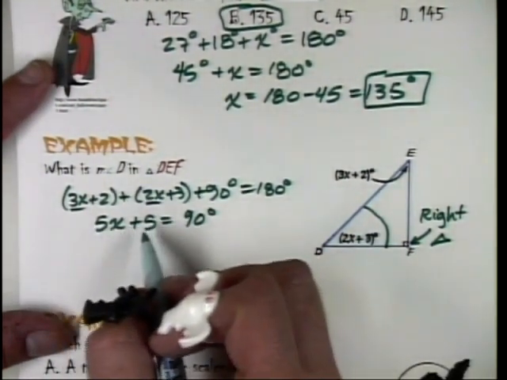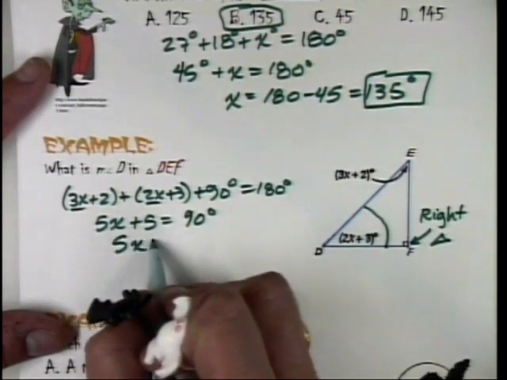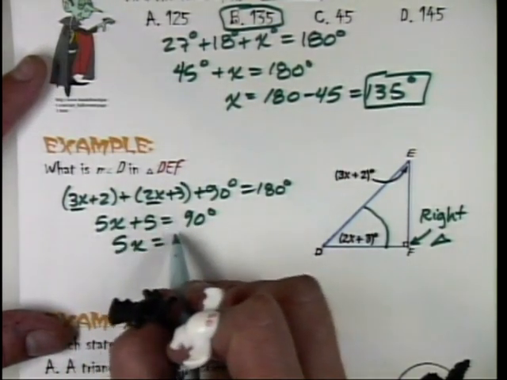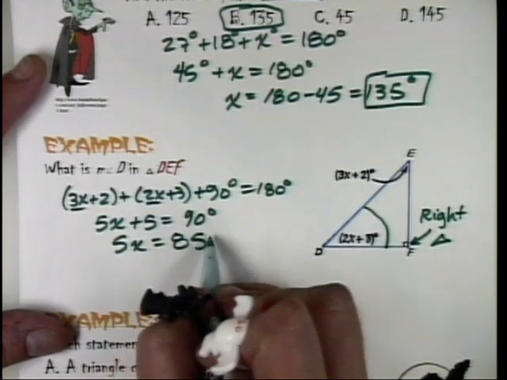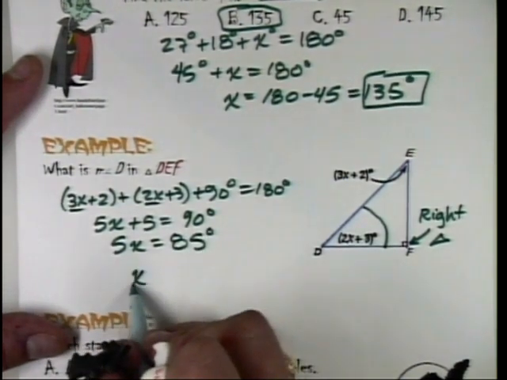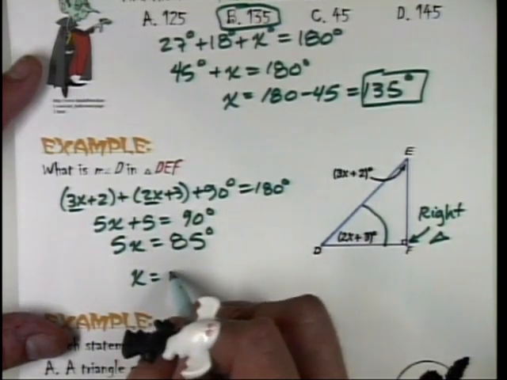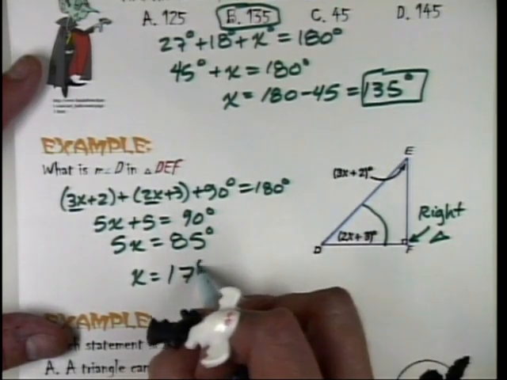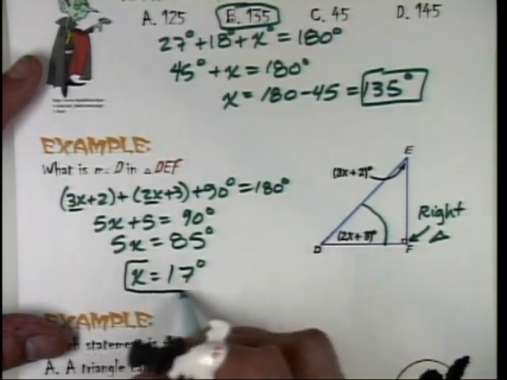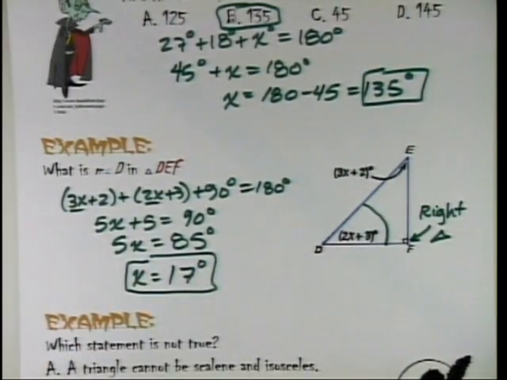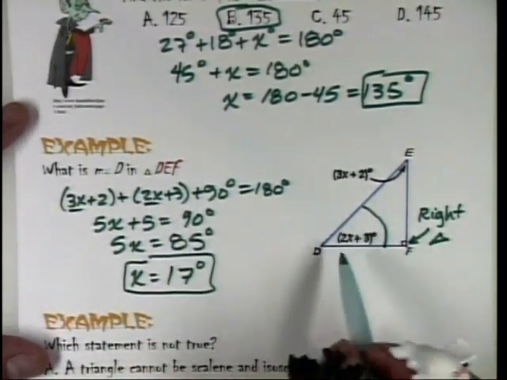Now again, a little algebra solving. I subtract 5 from both sides. 90 minus 5 is going to be 85 degrees. And dividing both sides by the fabulous number 5, I get 17 degrees. Now again, you're going to feel real happy that you solved for x. But the question says, what is the measure of angle D?